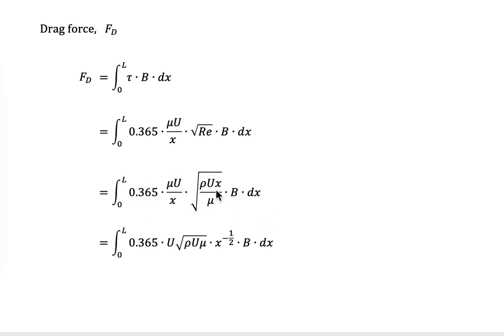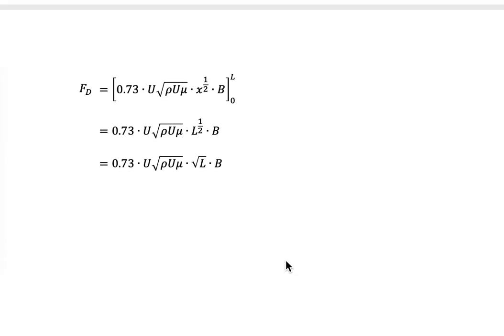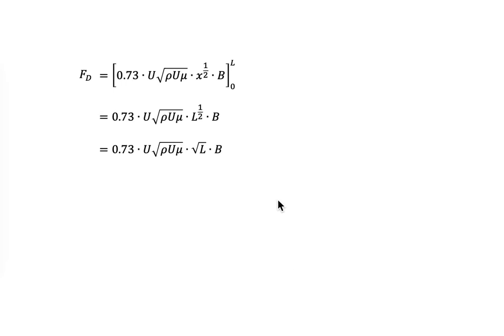We have two terms of x here, 2 mu and u, so we could simplify it into these terms. We do the integral from limit 0 to L, and finally we could say that drag force can be calculated by using this term, which is 0.73 times square root of rho u cubed mu, square root of L, and B.